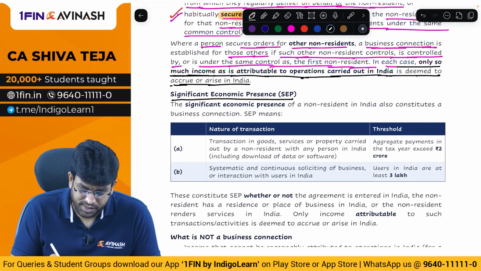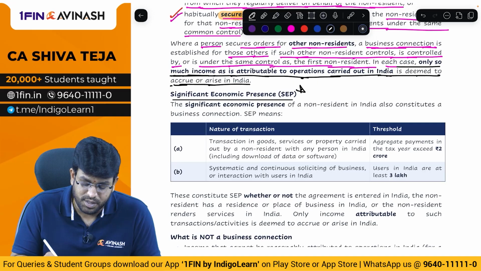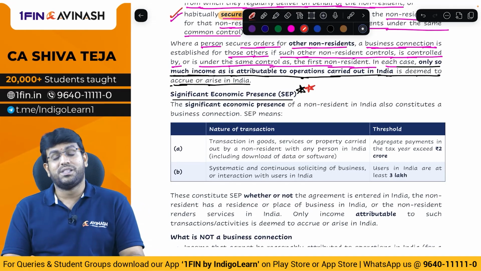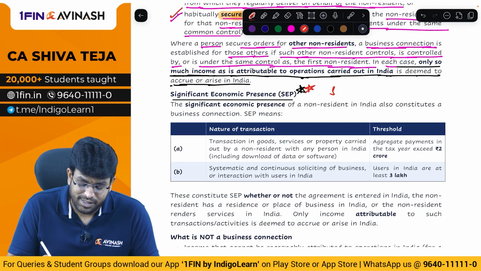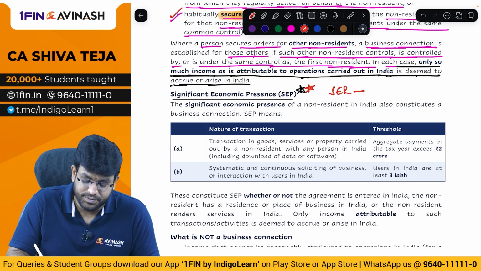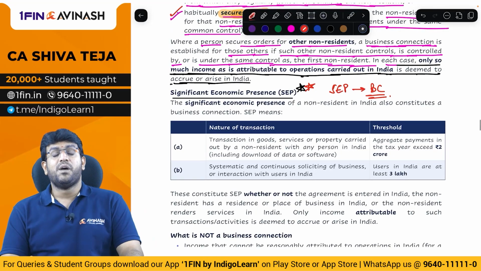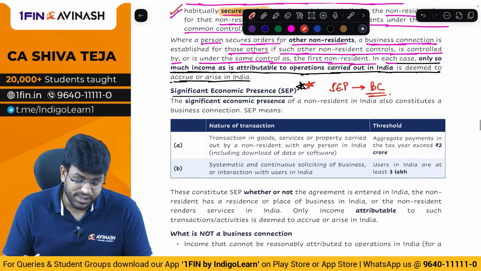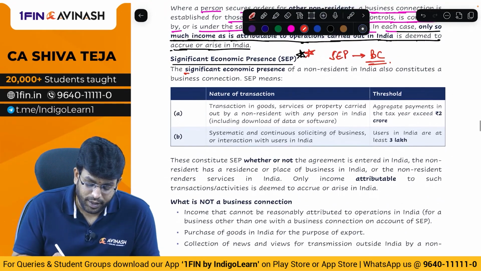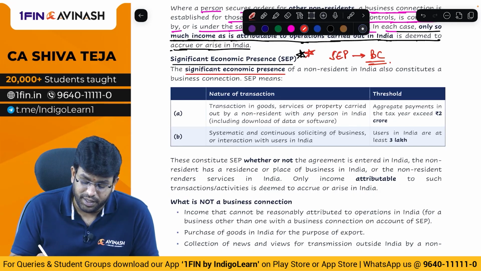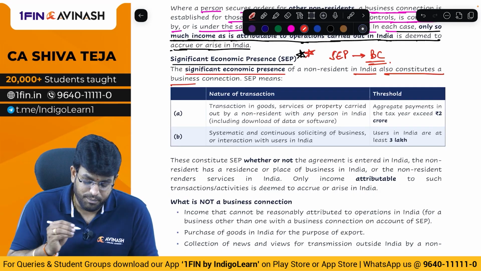Significant economic presence. This is one latest concept and interesting point. Please see that. If the non-resident has significant economic presence, then also we say that the non-resident has business connection in India. Please see that. Significant economic presence of a non-resident in India also constitutes a business connection.